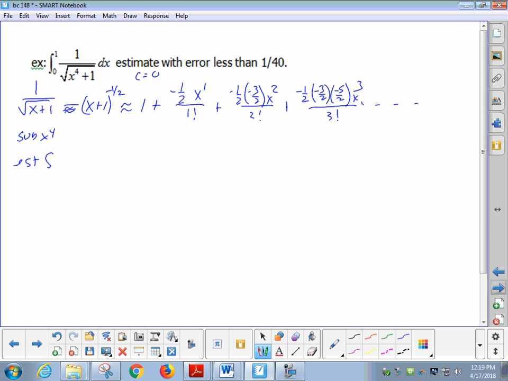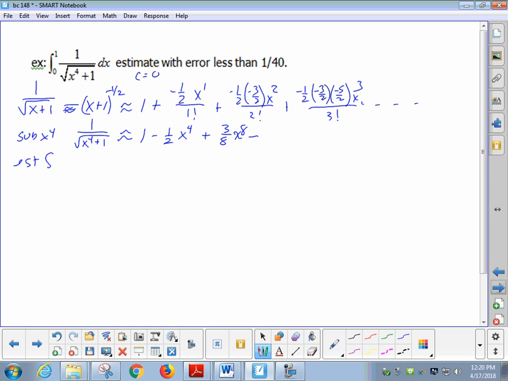Now then, if I sub in x to the fourth, then 1 over the square root of x to the fourth plus 1 could be approximated by the series 1 minus 1/2 of x to the fourth, plus 3/8, and instead of x squared, x to the fourth to the second, which is x to the 8th.